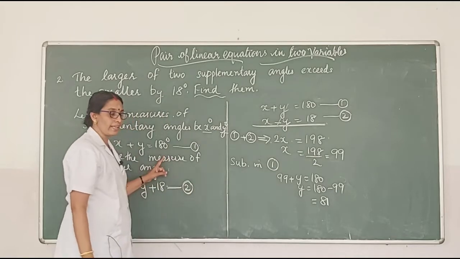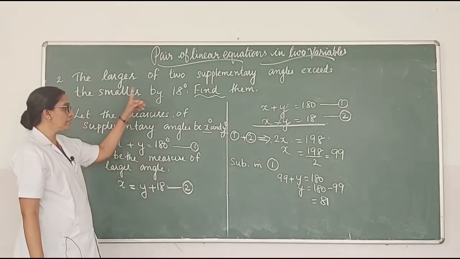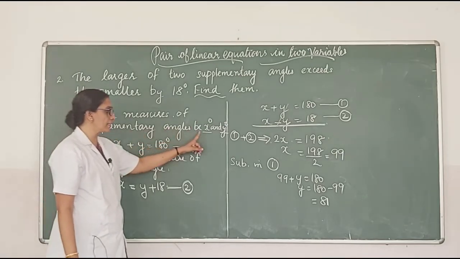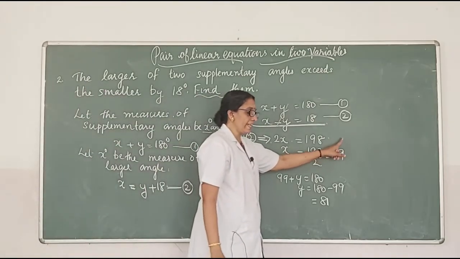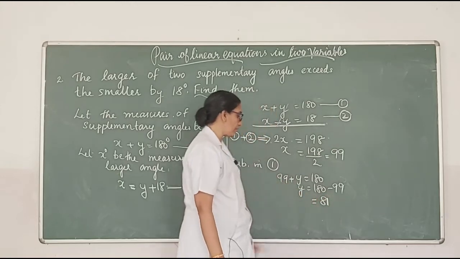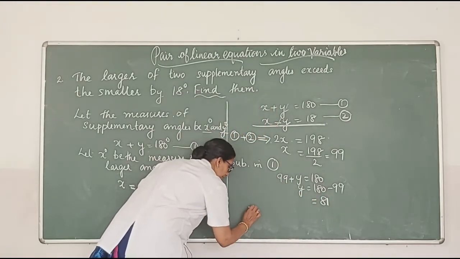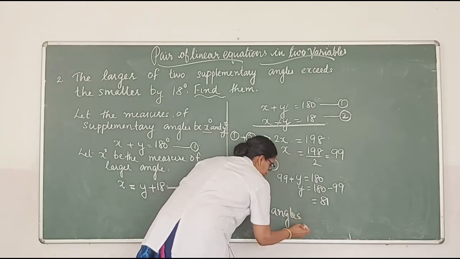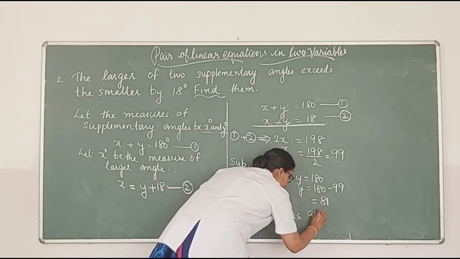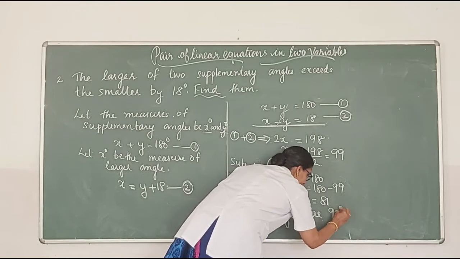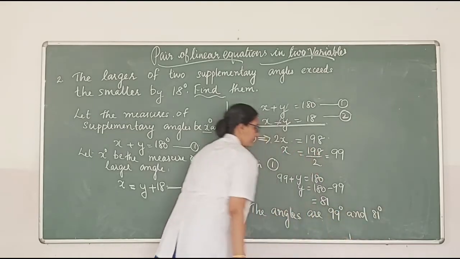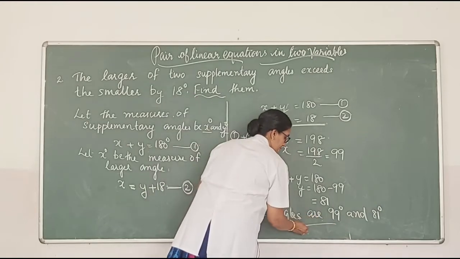X and y are the required angles. So, the measurements of the required angles are 99 degrees and 81 degrees. Okay, children, this is the answer for this question.